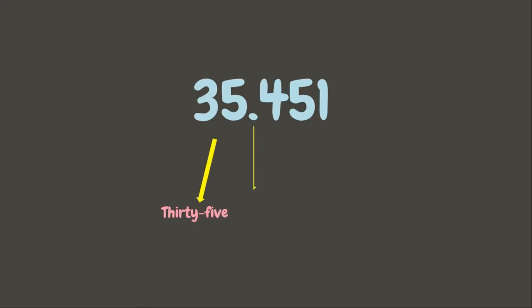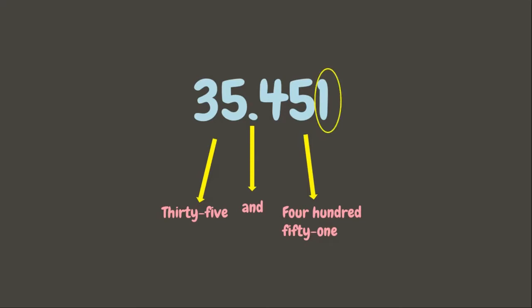We read the decimal point as "and." And then, we read the decimal parts as 451 and add the place value of the last digit, which is 1. The place value of 1 is thousandths. Therefore, we read this decimal as 35 and 451 thousandths. Let's have another example.